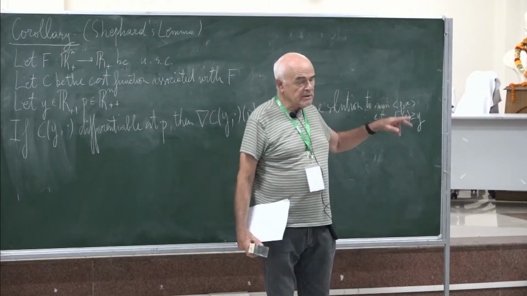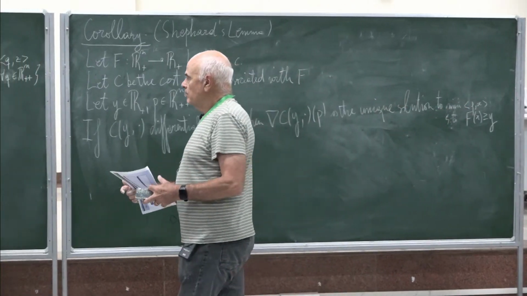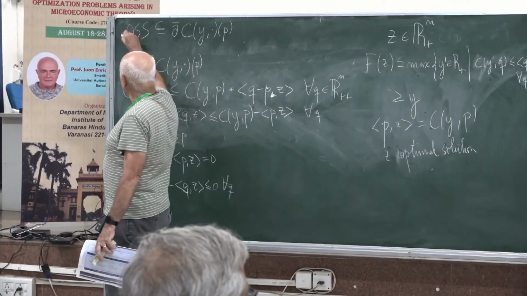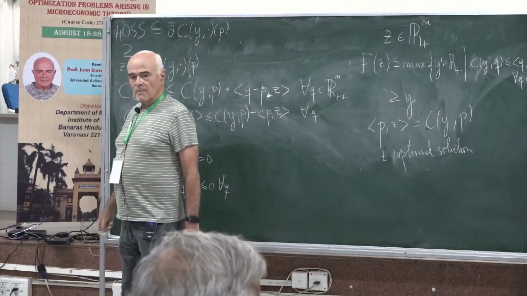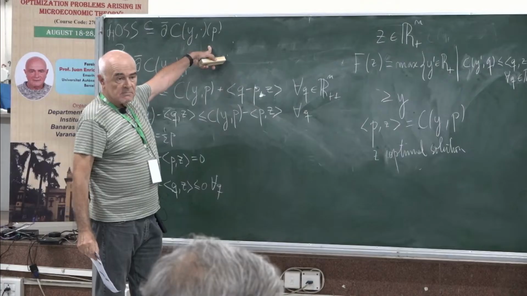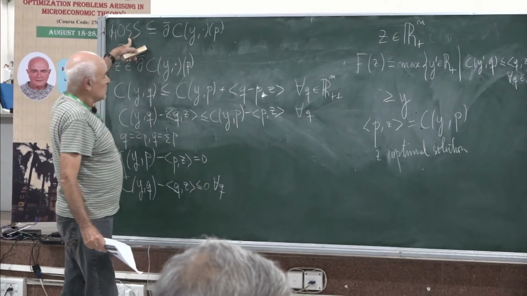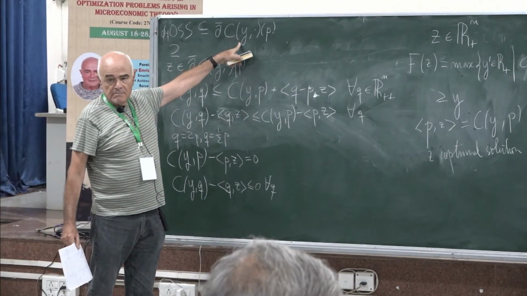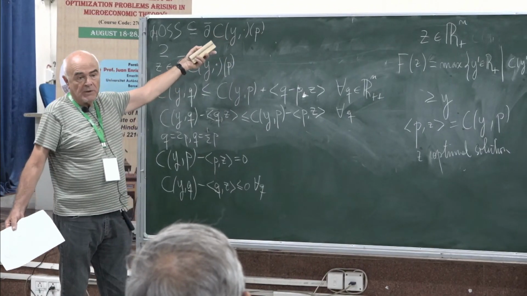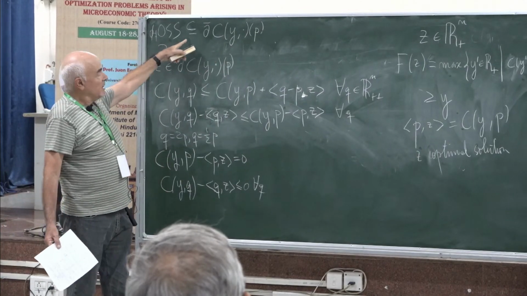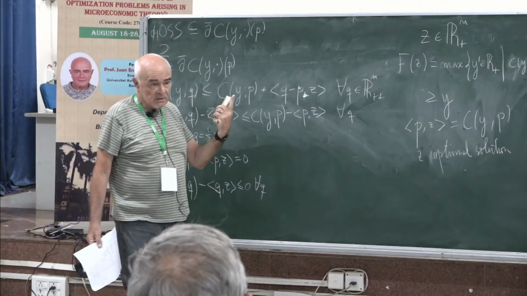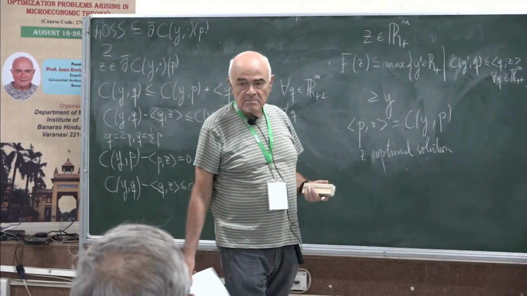Then, thanks to upper semi-continuity, this set is non-empty. And the right-hand side is a singleton. Because of differentiability, the superdifferential reduces to the singleton of the gradient. So we have equality, which means the optimal solution set has one element, and that element is the gradient.